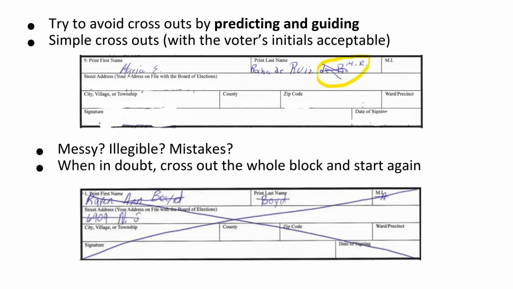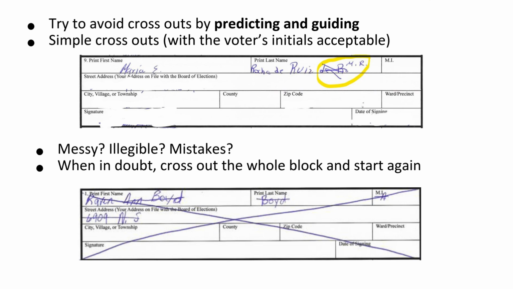Okay. And then they put their initials very small. We want initials small and kind of up out of the way so that the person reading it from the Board of Elections doesn't assume that it's part of their name. Because if they assume that it's part of their name, they're going to invalidate it because it's not going to be part of their name legally. Does that make sense? Okay. No whiteout. We don't want this.